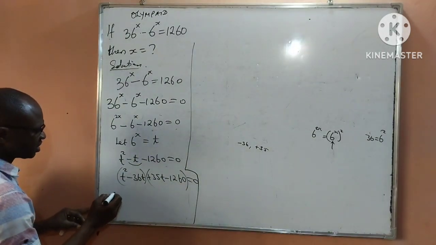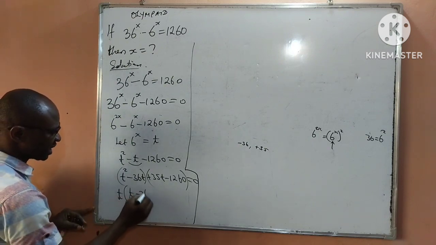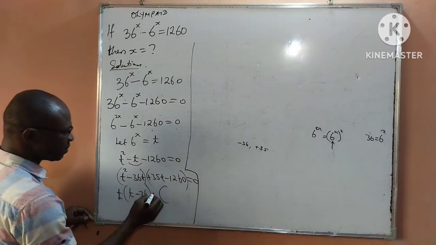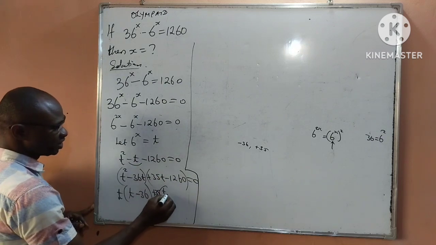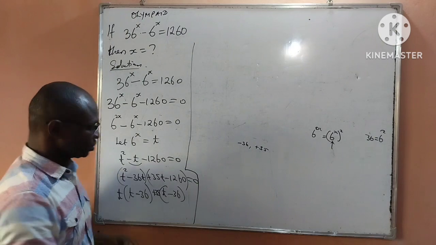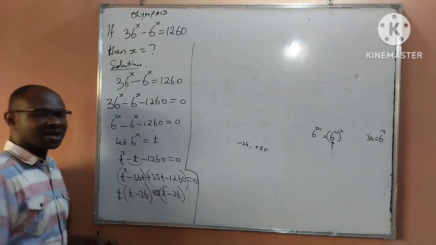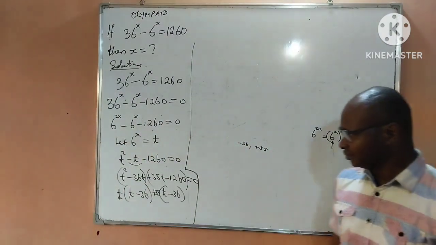In the first bracket, what is common is t, leaving me with t minus 36. Whereas in the second bracket, what is common is plus 35, leaving me inside the bracket with t minus 36. Because plus 35 times minus 36 will give me minus 1260. Just look at it very well.